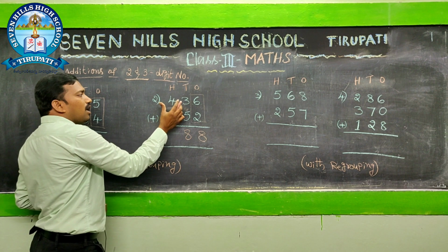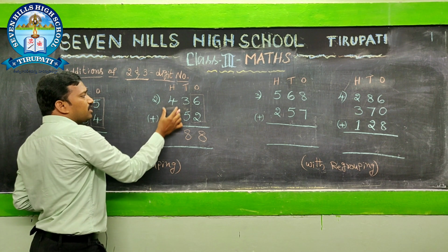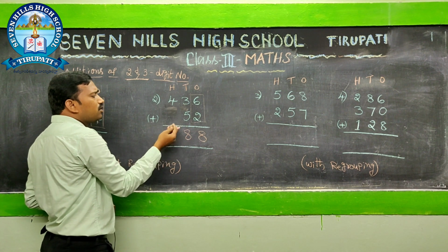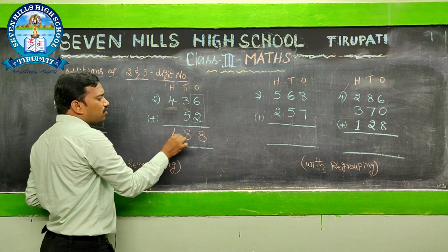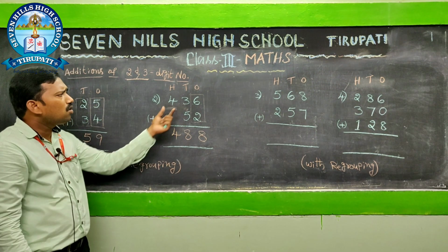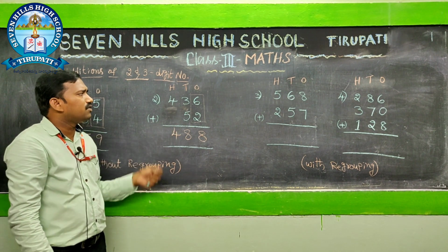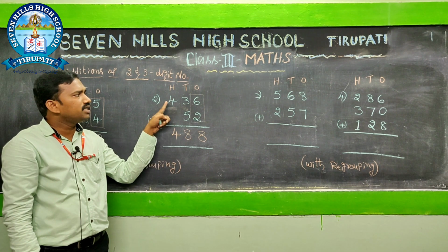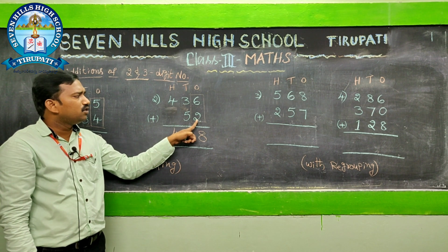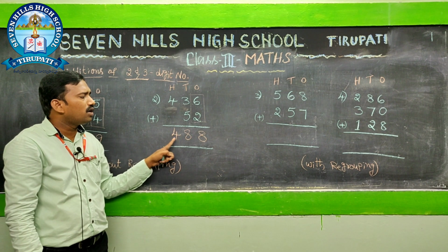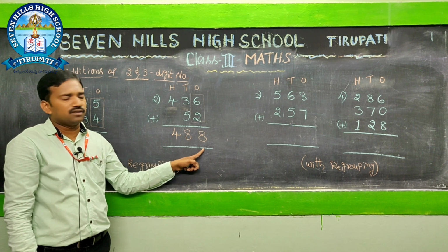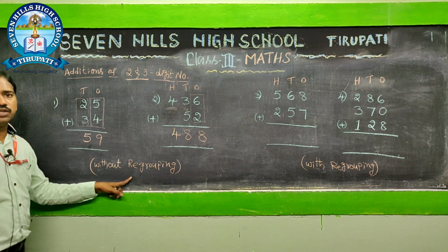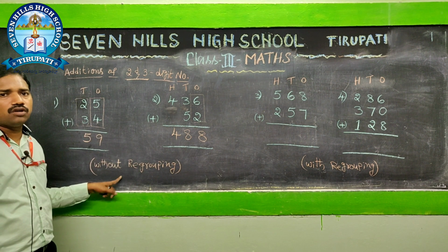In the hundreds column, in the first row 4 is there, in the second row nothing is there, so no need to add, just write 4 as it is. Now 436 plus 52 is equal to 488. These two additions are without regrouping.